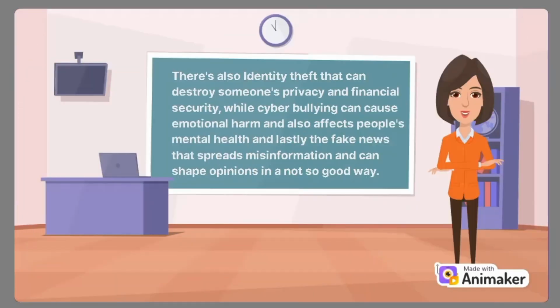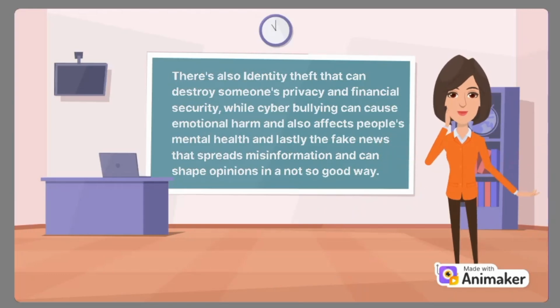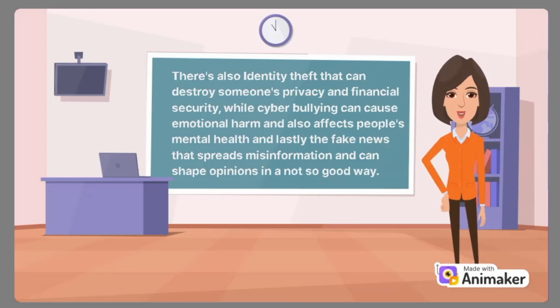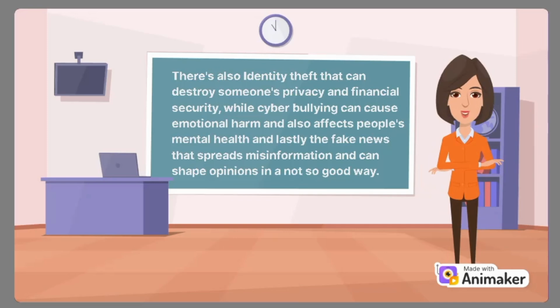There's also identity theft that can destroy someone's privacy and financial security, while cyberbullying can cause emotional harm and also affect people's mental health. And lastly, the fake news that spreads misinformation and can shape opinions in a not so good way.